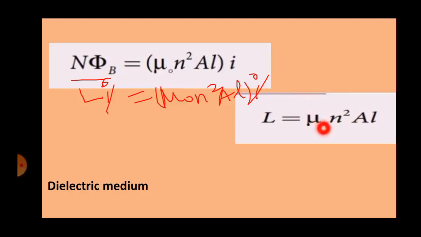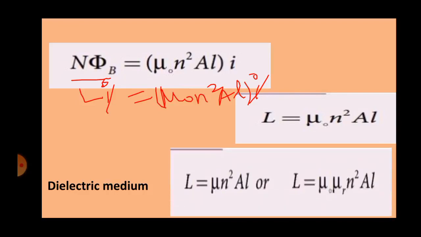Suppose the solenoid is filled with a dielectric medium of relative permeability mu r. Then mu is the permeability of the medium, and L is equal to mu n square A L. Already you know that the permeability of the medium is equal to mu naught into mu r.